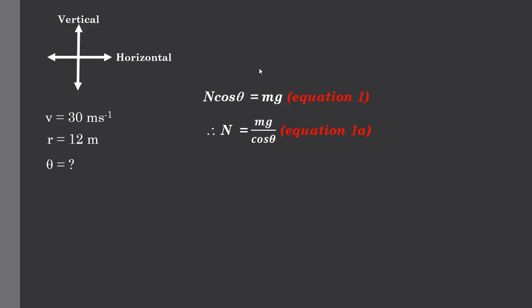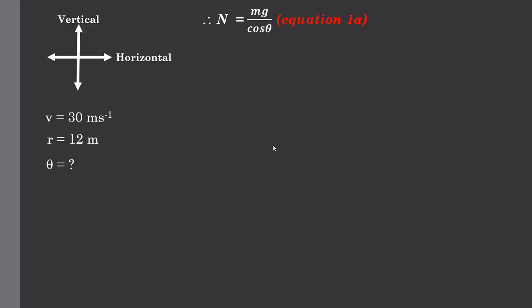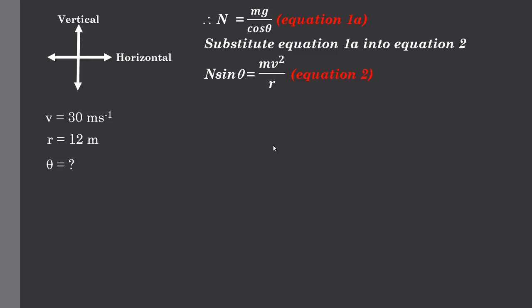So here we have equation 1 transposed, making n the subject. When we divide mg by cos theta, we're left with n, the normal reaction force, is equal to mg divided by cos theta. We're going to call that equation 1a, because it's a manipulation of equation 1. So we have equation 1a, and I want to substitute that into equation 2 that we derived earlier.